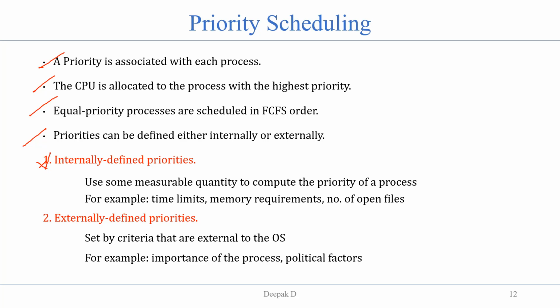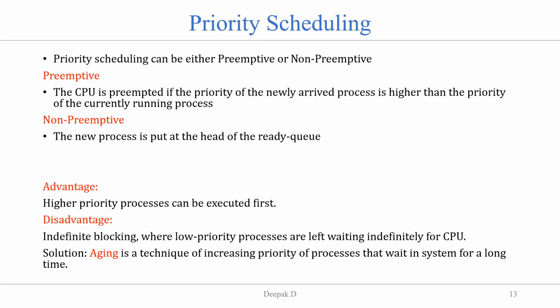This is internal. External priorities are those which are set from outside the operating system, such as how important the process is, what type and amount of funds are being paid for that computer use, and some political factors that influence the external priority. So these are the factors which influence the priorities of a process.